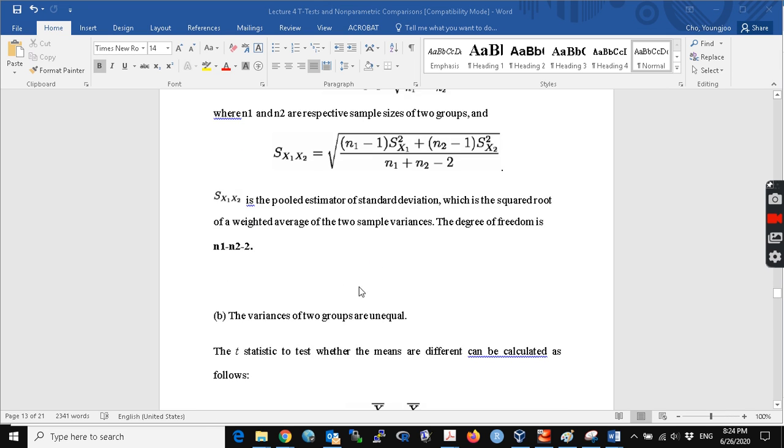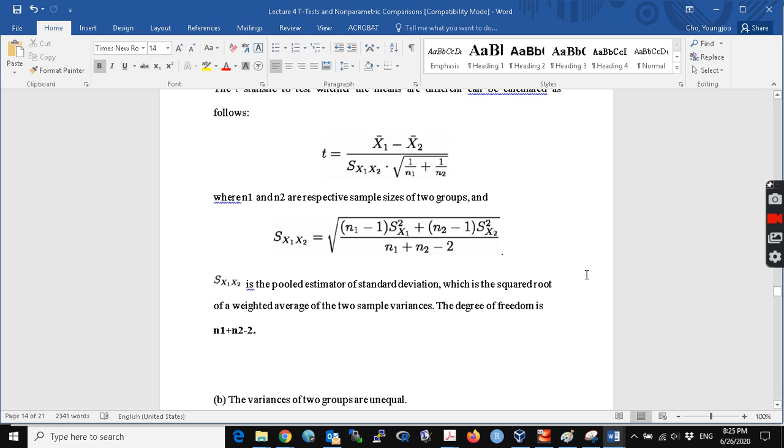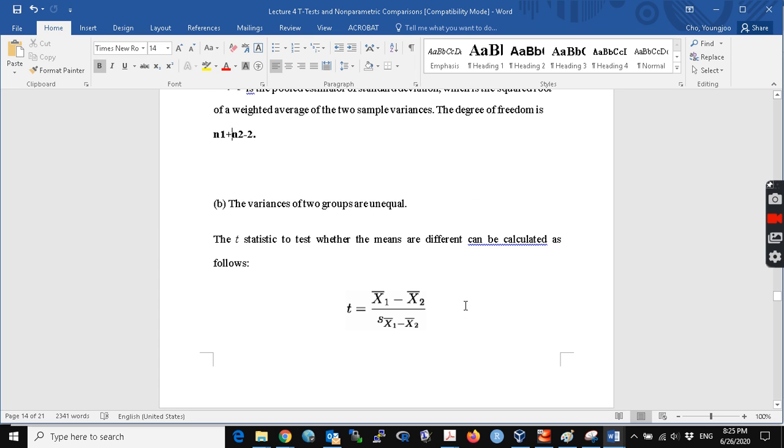And here the degrees of freedom is n1 plus n2 minus 2. So if the null hypothesis is true, this statistic has a t-distribution with degrees of freedom n1 plus n2 minus 2.